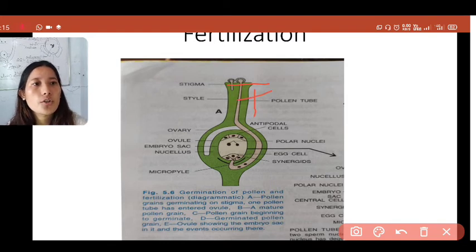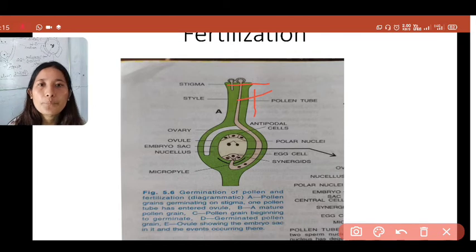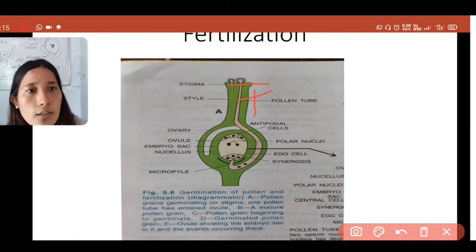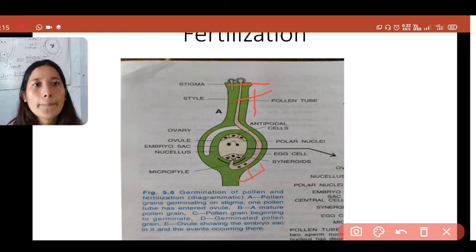Through this pollen tube, your generative nucleus is going to travel. After the pollen tube is formed, inside it the generative nucleus is going to divide into 2 sperm nuclei. You can see here it is divided into 2 sperm nuclei.